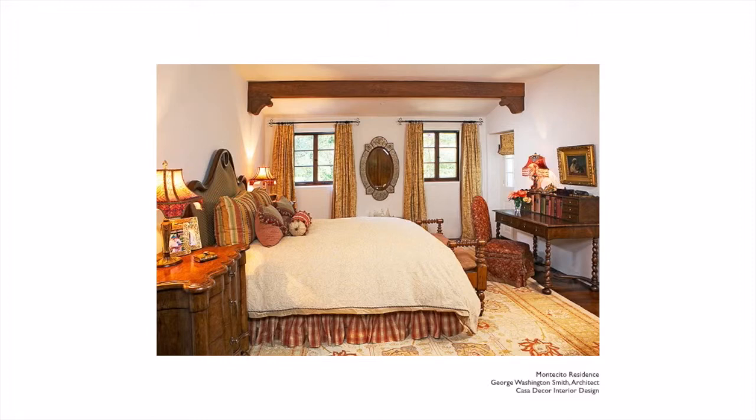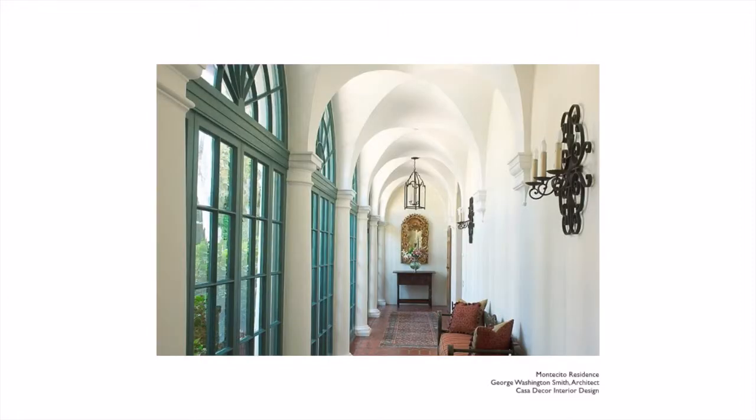And here's another hallway, and in this one we get to see a bit more of the vaulting in the ceiling. The light never comes through directly. The windows face north, and so there's hardly any direct sunlight that ever comes through those windows.